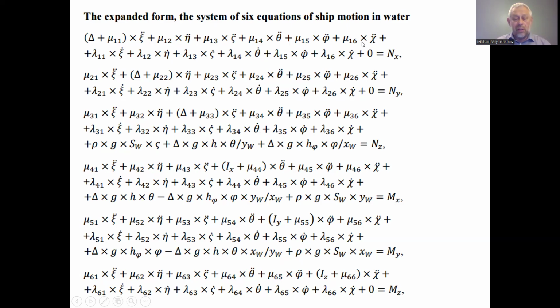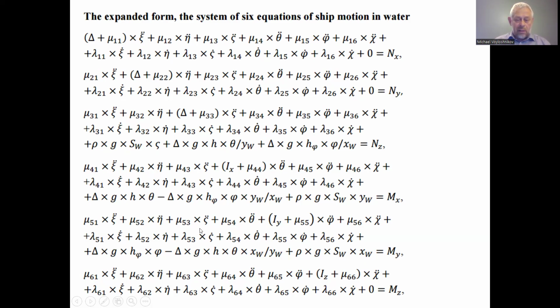The first row has six summands. The six summands mean the inertia forces that arise when the ship moves along the abscissa axis on behalf of the accelerations along all of the axes. So this is the longitudinal acceleration, just translational, of the motion along the abscissa axis.